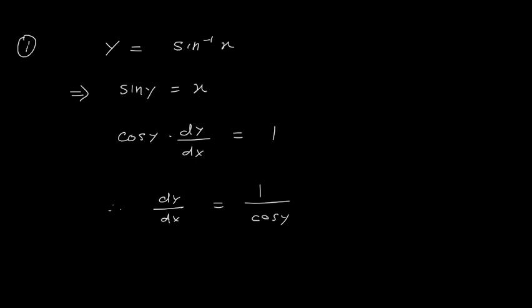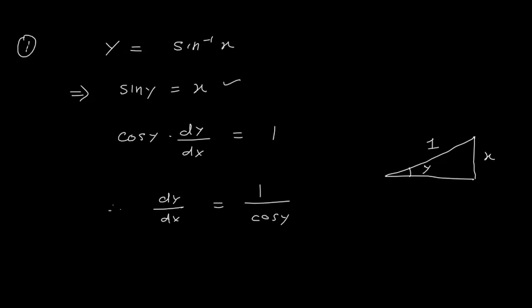Now, for 1 upon cos y, we know that sine y is x. So what will be the value of cos y in terms of x? The simplest way is to draw a right angle triangle and mark one angle as y. It is given that sine y is x, which means the ratio of opposite and hypotenuse is x.